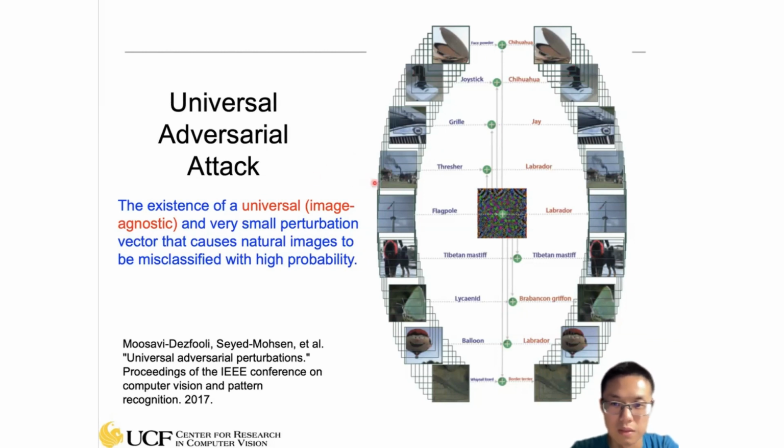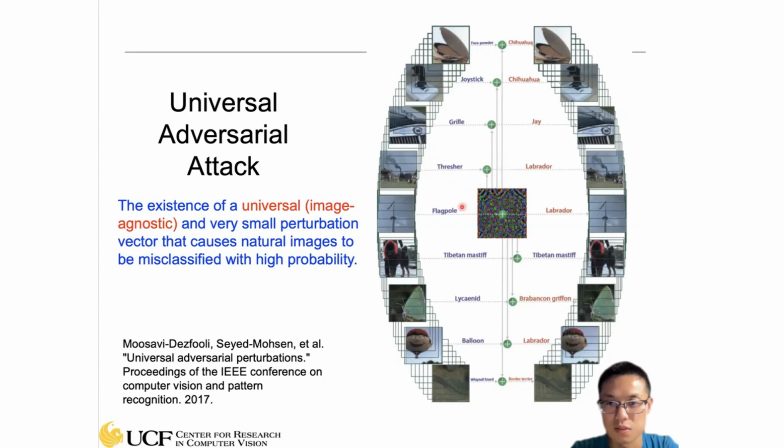If you have a set of training data, thousands of images, then you have to generate 1,000 copies of the perturbation for individual images.